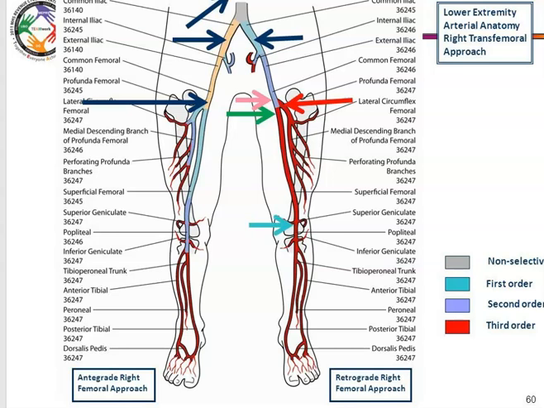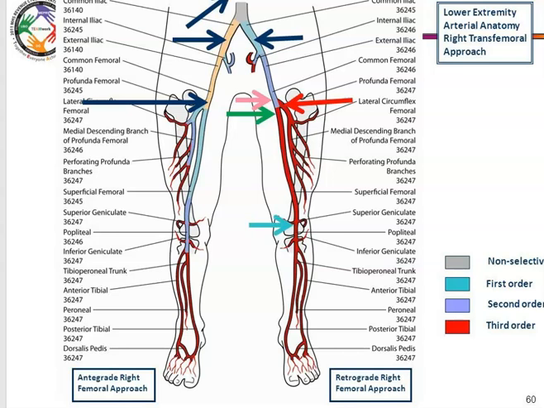So on this diagram in the right-hand corner, you see where it says non-selective, first order, second order, third order. So we talked about non-selective. That's where the catheter remains in the access vessel or has made it into the aorta.